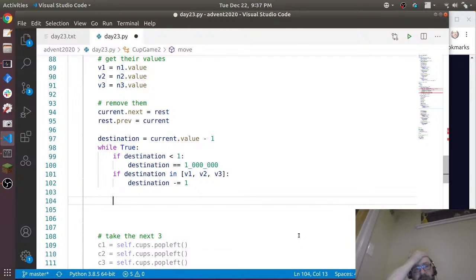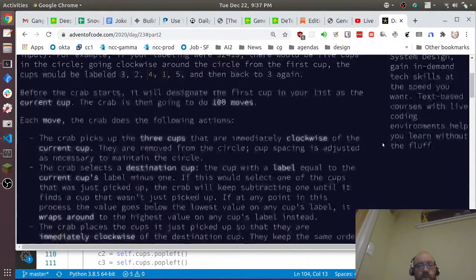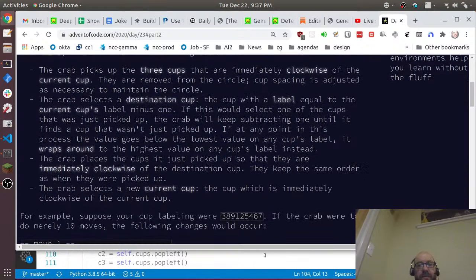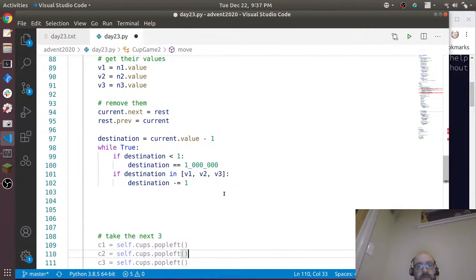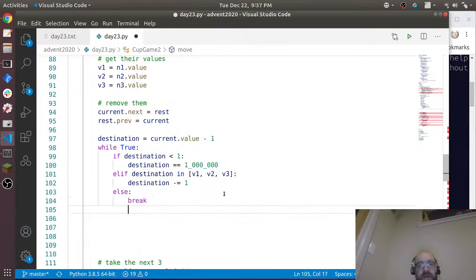Okay, and the crab places the cups so they're immediately clockwise of the destination cup. Okay, and while true of destination goes on elif and then else break.